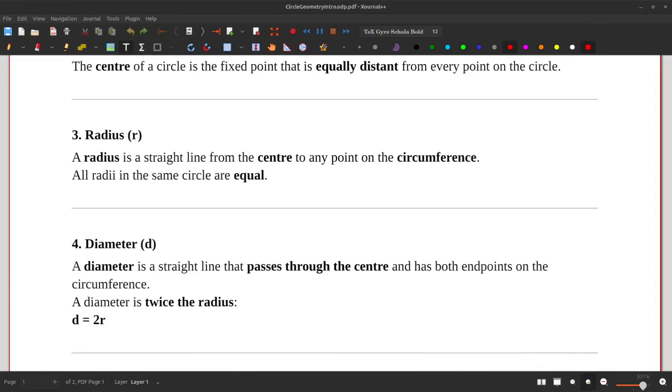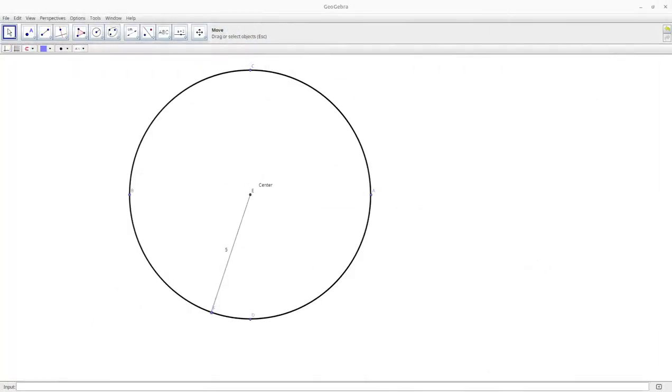Next, we are going to define a diameter. What is a diameter? If you draw a line from a point on the circumference to another point on the circumference, and this line passes through the center, it's going to be double the radius.